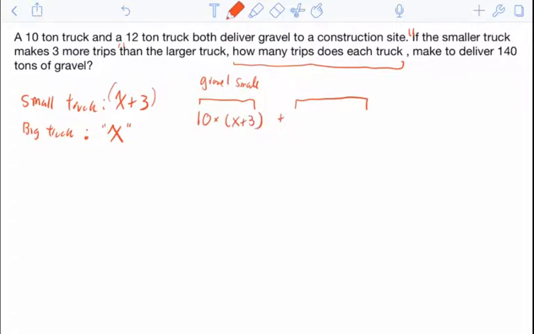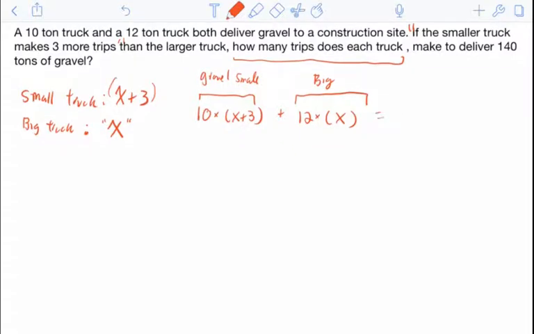The amount the big truck brings overall is 12 tons times its number of trips. And the relationship between them is that the small one plus the big one equals 140 in total.